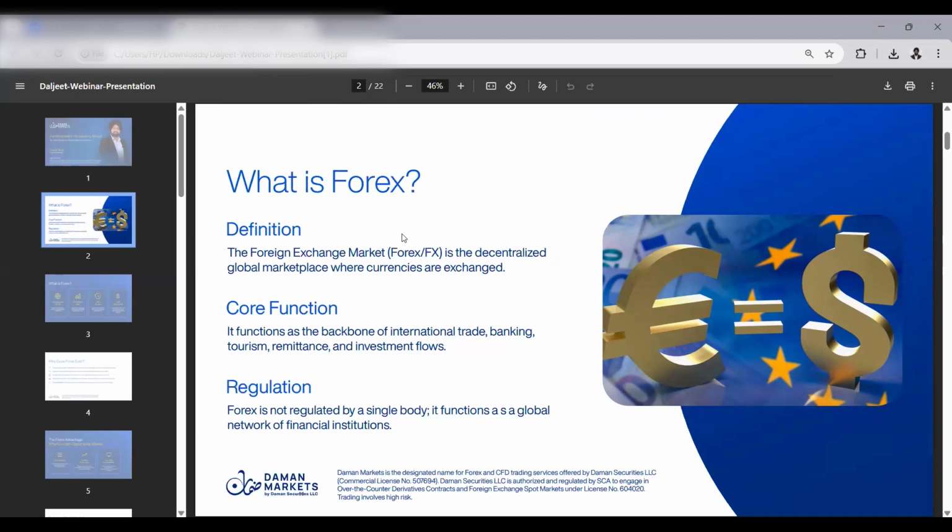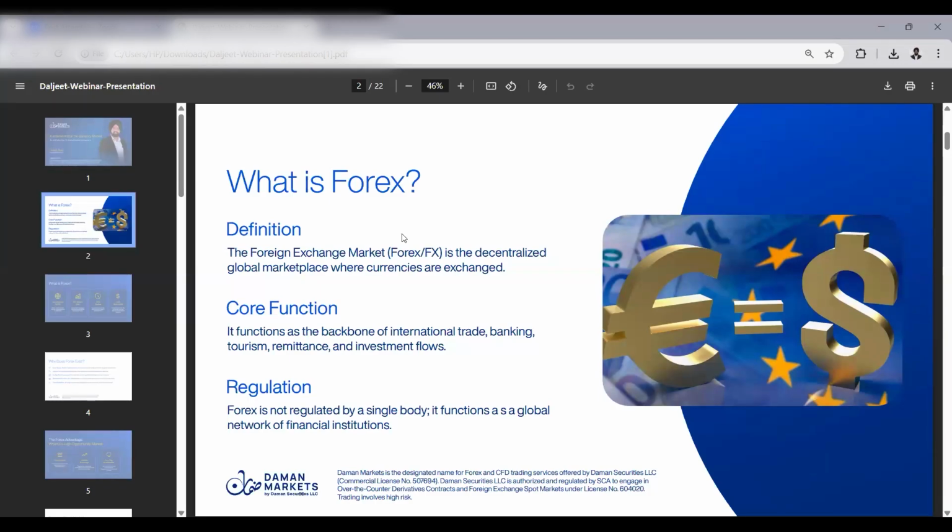What is Forex? Forex is basically a foreign exchange market where currencies and commodities are exchanged globally at a price. Suppose a person wants to visit another country, say from India to Dubai. The first thing we do is exchange the currencies, and this currency exchange has to have a value.